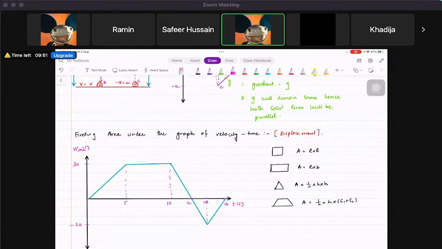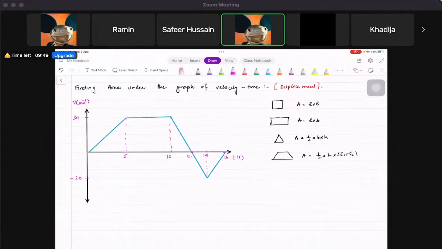I'm just supposing, okay? So what you're going to do is deal with this section by section. Sir, can't we do this as a whole trapezium? Yeah, we can do that too. That would be much easier, right? But it doesn't matter.